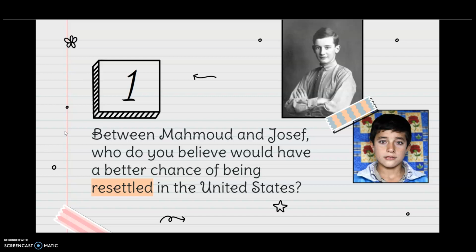We already know Isabel makes it into the United States, so to make this slightly more realistic, you're going to decide between Mahmoud and Joseph, who you believe would have a better chance of being resettled into the United States. I realize that Joseph dies and goes to a concentration camp and that Mahmoud is resettled in Germany.